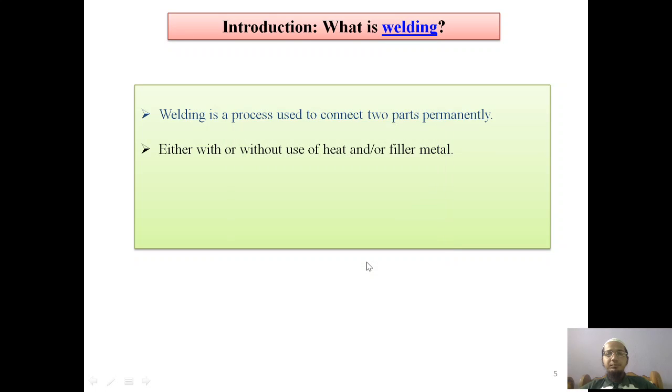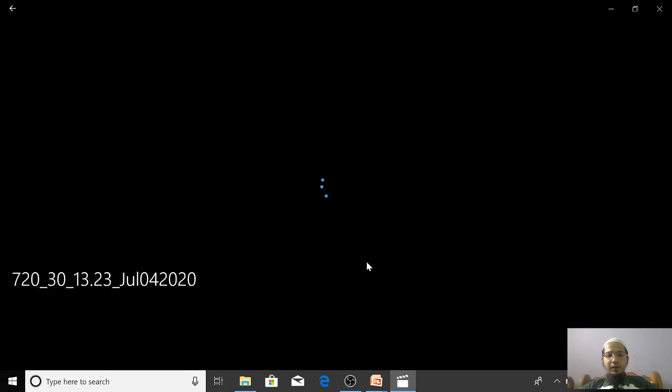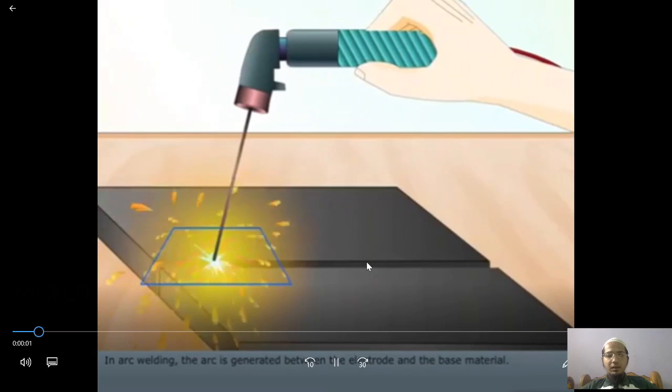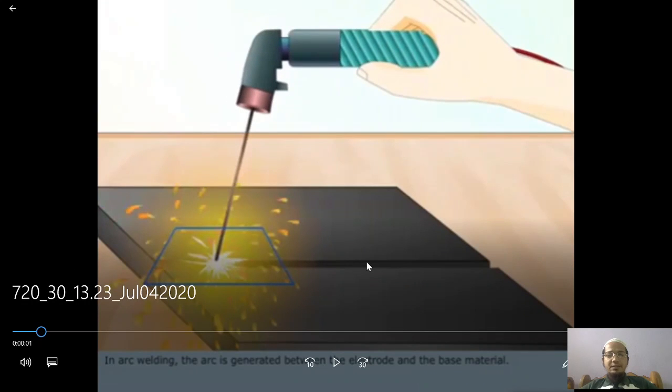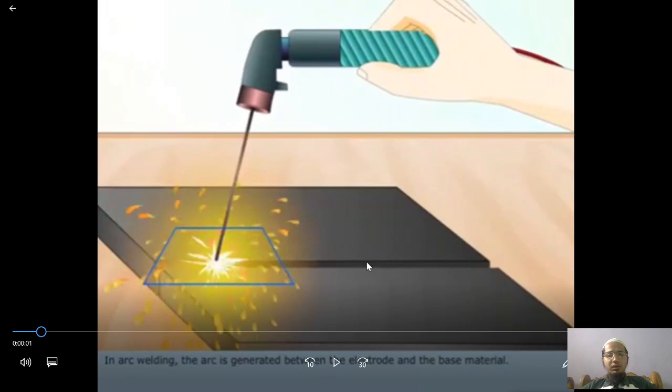Here you can see, welding is done on a base material or on the plates which are placed face to face, and welding is done on the joint. This is the example of arc welding, and the arc is generated between the electrode and the base metal.